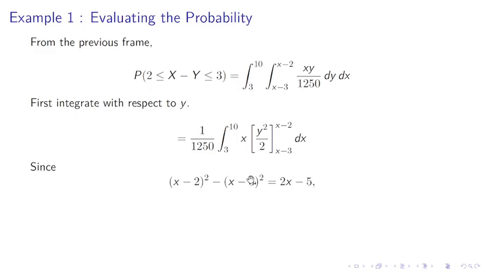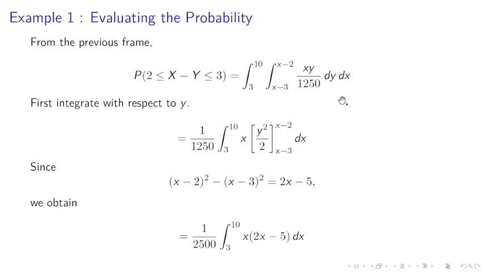Here simply substitute the upper limit and lower limit: (x − 2)² − (x − 3)² gives us 2x − 5. So this is 1/2500, with the 2 multiplying, the integral from 3 to 10 of x(2x − 5) dx.